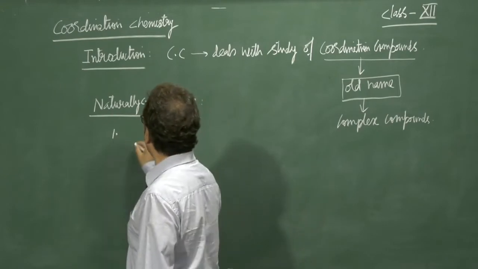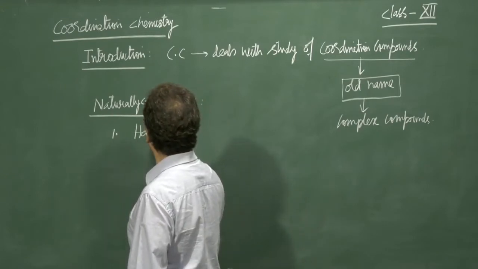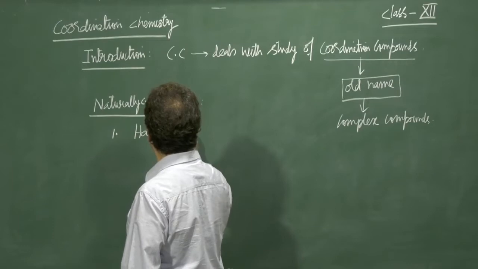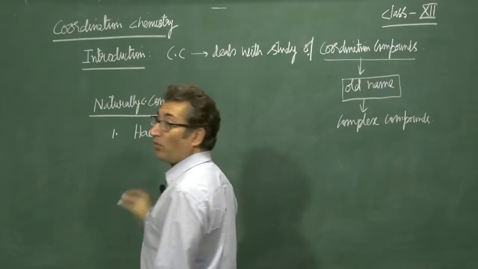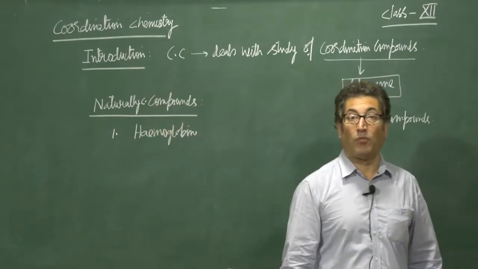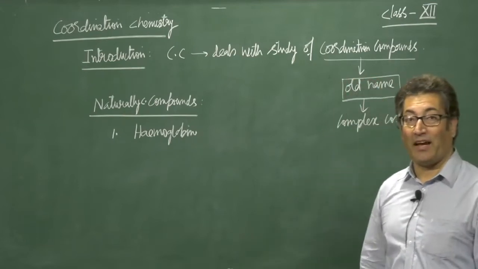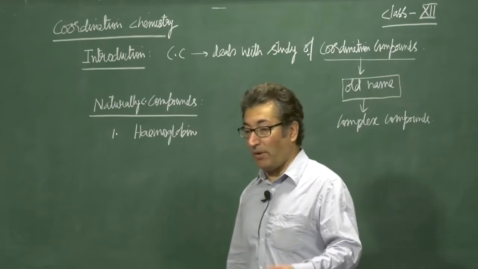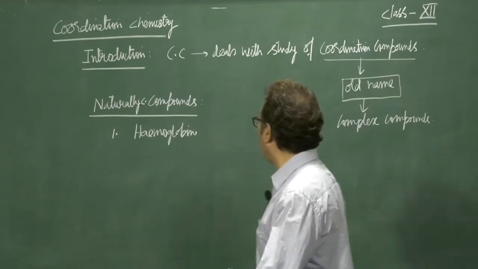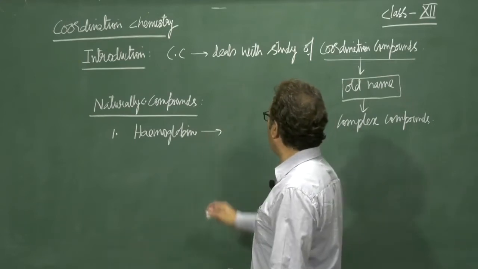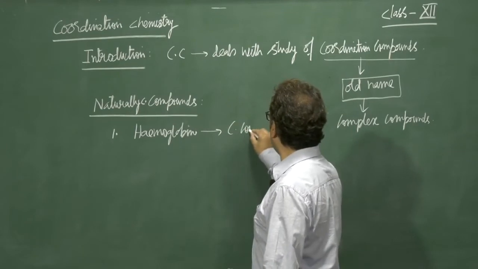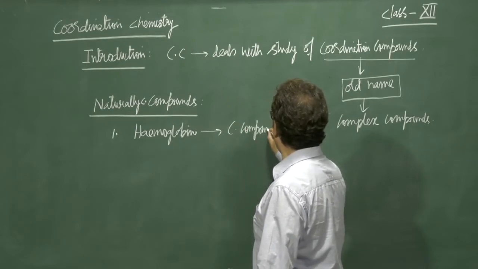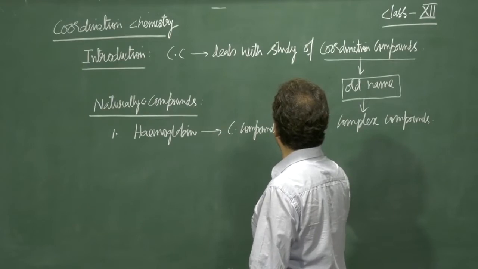One of them is hemoglobin. And you know what the function of hemoglobin in the body is. It acts as a carrier of oxygen. In your biology chapter, you must have read it. This hemoglobin is a coordination compound of iron, Fe.